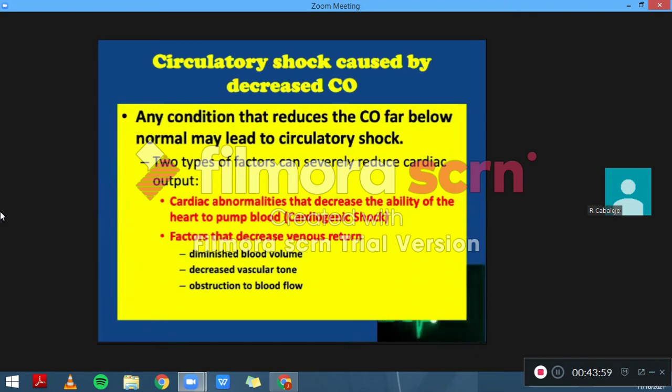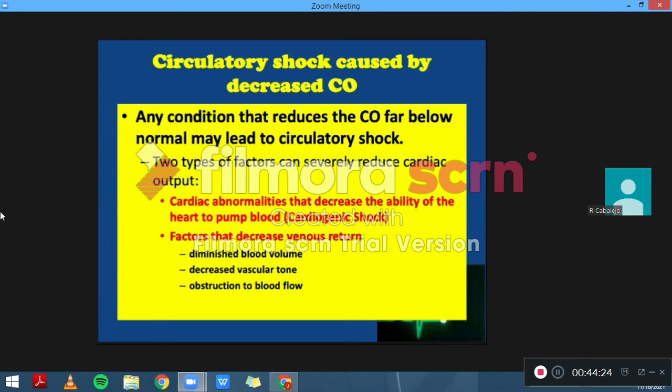You may have a cardiogenic shock. When you say cardiogenic shock, you really have specific cardiac abnormalities that decrease the ability of the heart to pump blood. This is the kind of shock in acute myocardial infarction patients. And you may also have factors that decrease your venous return.